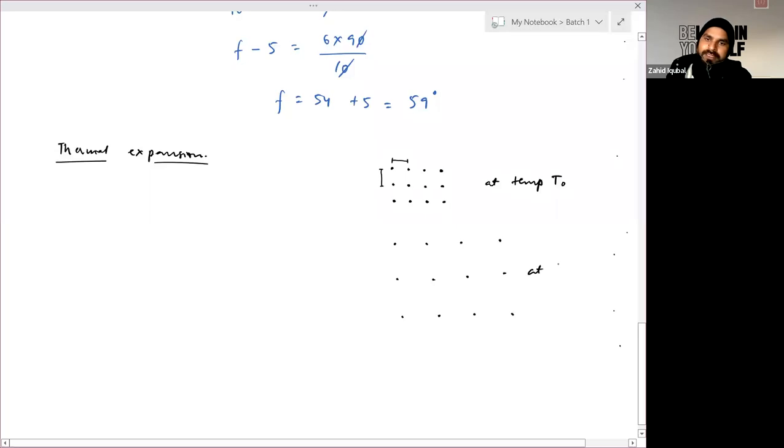So it will be at some other temperature T. So what is happening? You'll say it will expand on heating. Why it will expand? Since on increasing temperature, thermal kinetic energy of particle increases. So it will tend to vibrate more, and hence bond gets weakened, hence separation between particle increases.